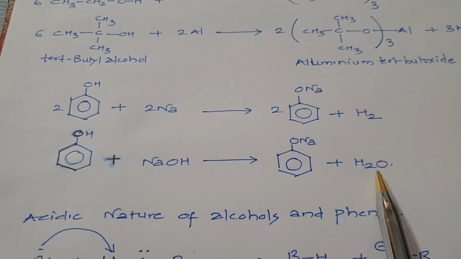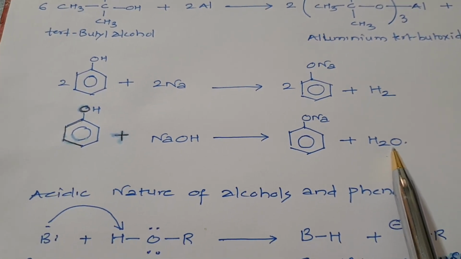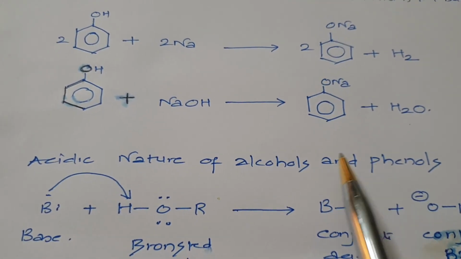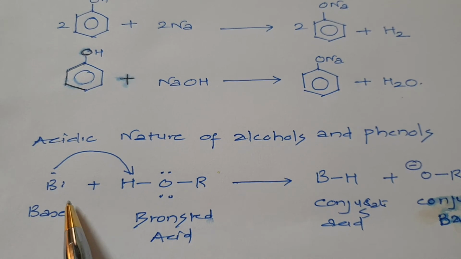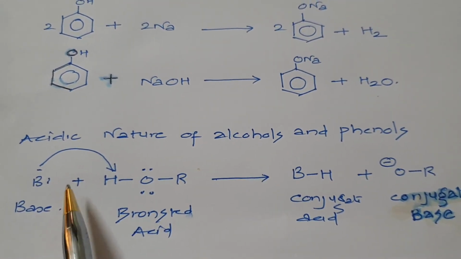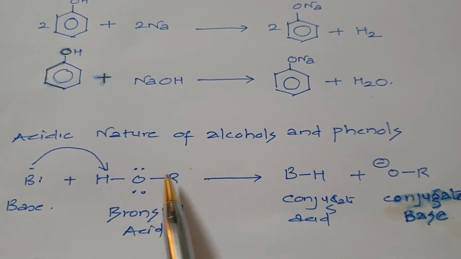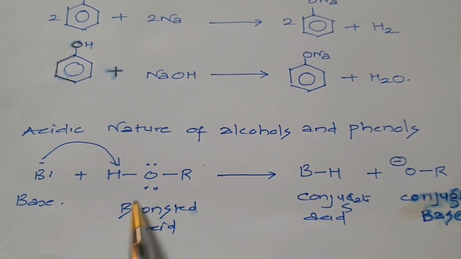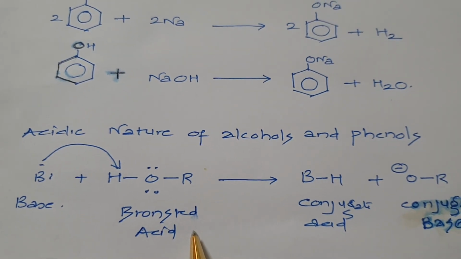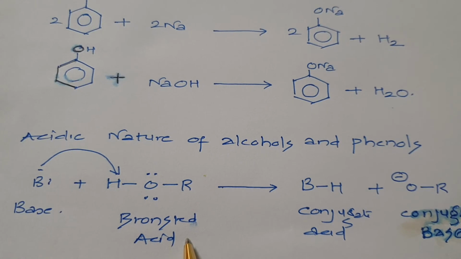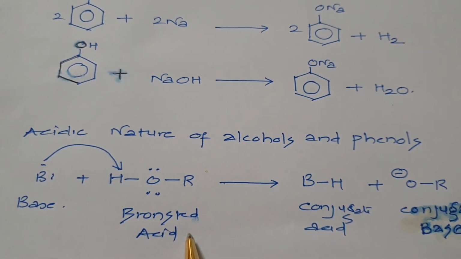This makes it more prominent to understand that it shows an acidic nature, which is represented in this general equation. We say that alcohols and phenols act as Bronsted acids. We know about the various theories of acids and bases, so we also know about the Lowry-Bronsted theory.